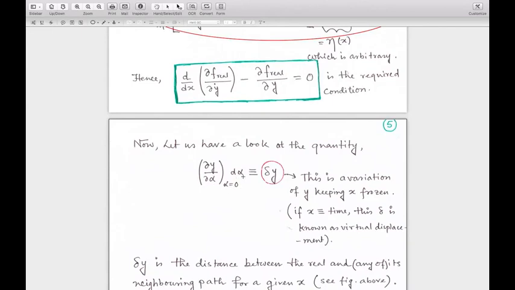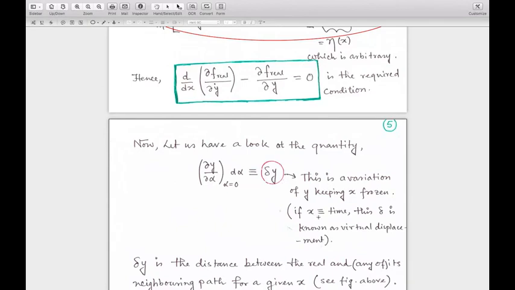This is nothing but the variation of y keeping the value of x unchanged. That is known as the variation of y. Variation here does not mean just any variation in our context. It means that we change the parameter alpha and keep x, the intrinsic independent variable, unchanged.